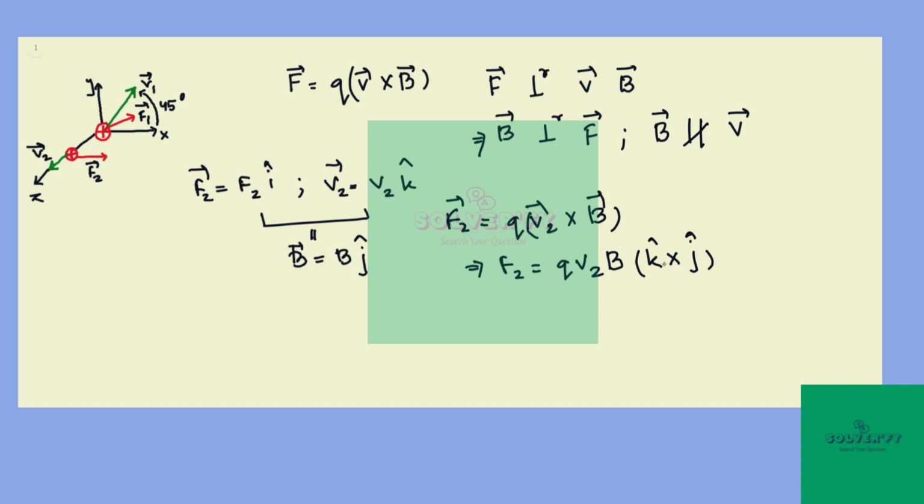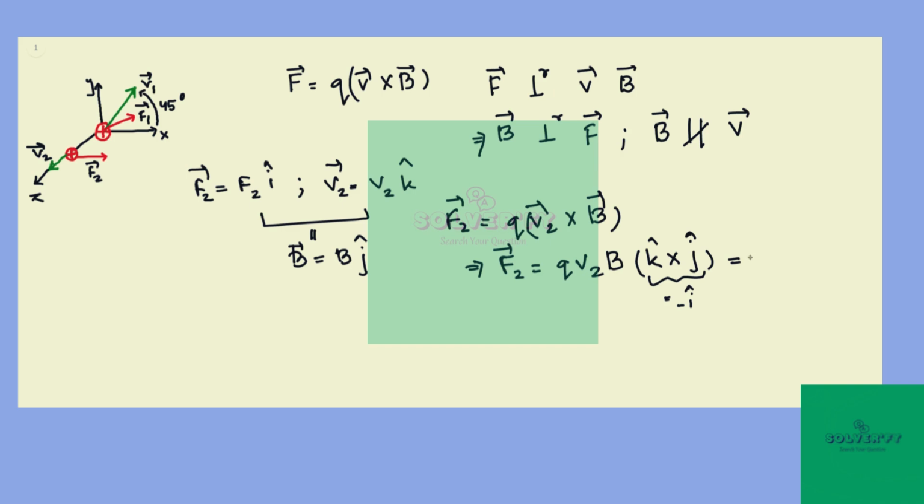The k cap comes from velocity and j cap comes from the magnetic field vector. Putting a vector sign, this is equal to i cap, same as we found here, but there is a negative sign to it. So this is going to be negative now.